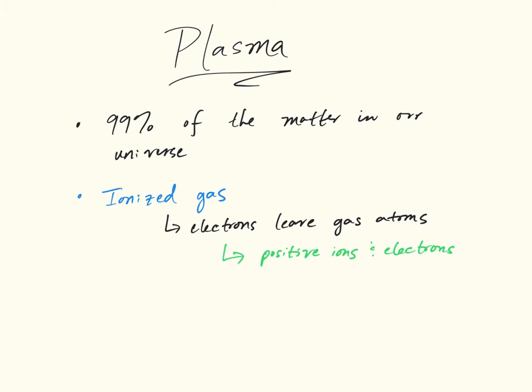So you don't necessarily have to know what all this stuff means. However, I just want you to understand that plasma is almost gas on steroids. That gas has so much energy that electrons actually leave those gas atoms, and you're left with positive gas ions and electrons just floating around. An example of plasma that we should all be familiar with and that I want you to really remember is lightning.